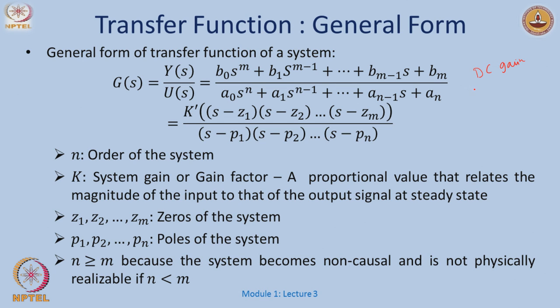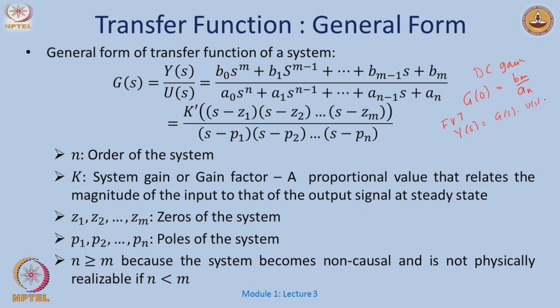which is essentially what happens when I just supply a DC input. So, this DC gain is just obtained by substituting s with 0, and in this case it would just become Bm by An. Okay. If you are wondering where this comes from, it is just an application of the final value theorem to the output Y of s equal to G of s U of s, right.